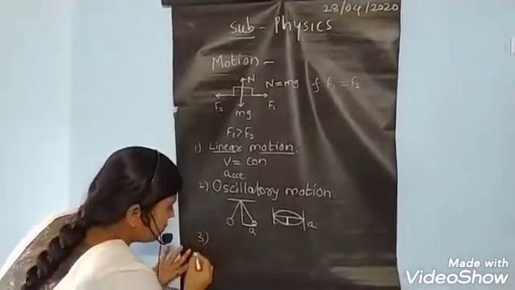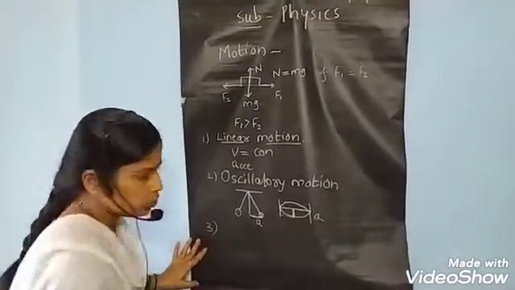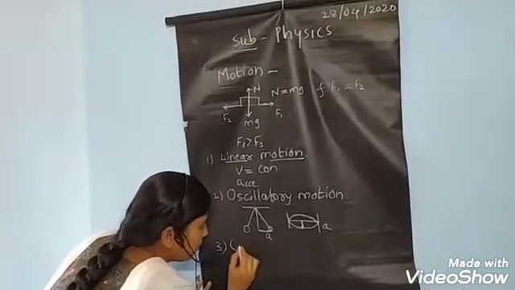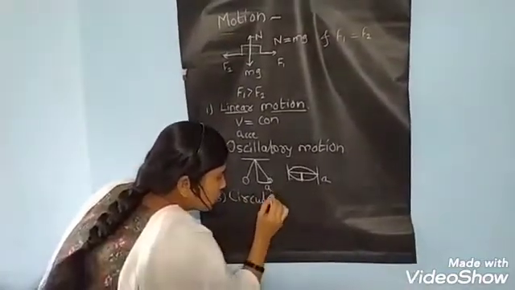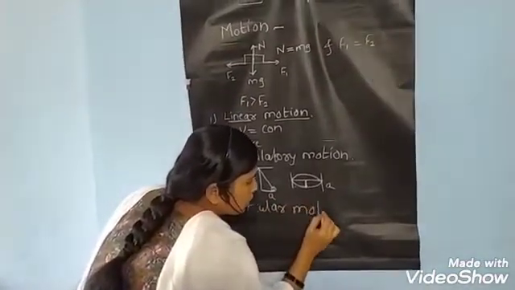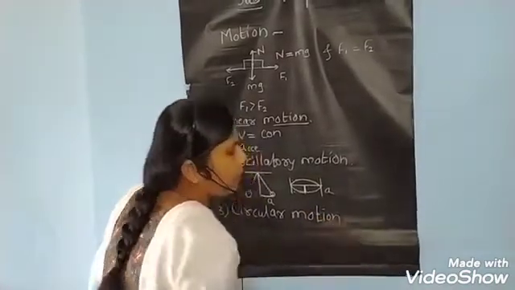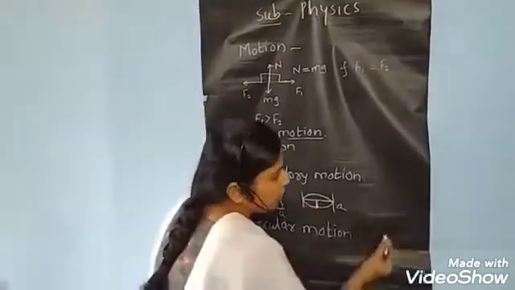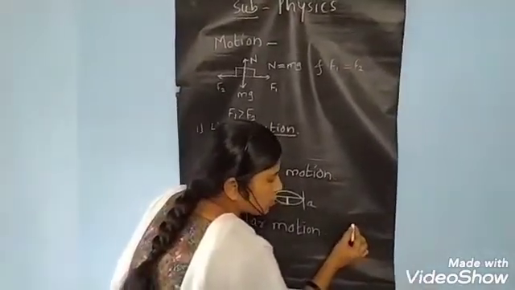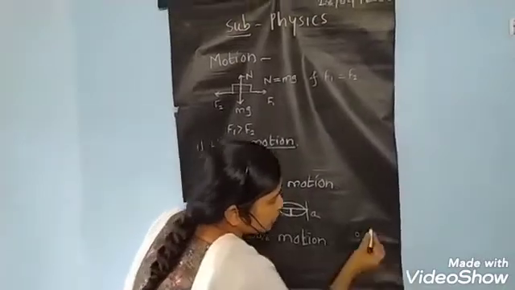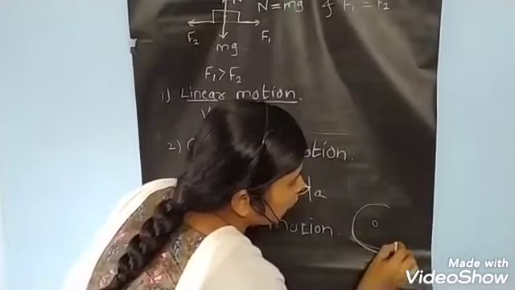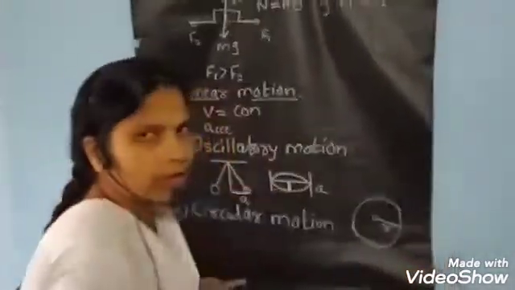These are the basics. There are different types of motion, and we are discussing only a few types here. Circular motion is the motion of a particle along the circumference of a circle. Consider the sun and the earth rotating around the sun in a particular circular orbit, whose radius is given by r.